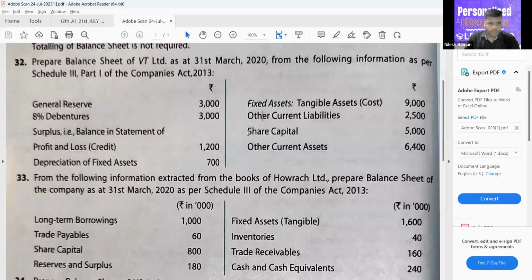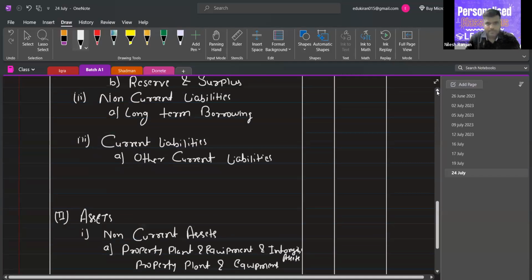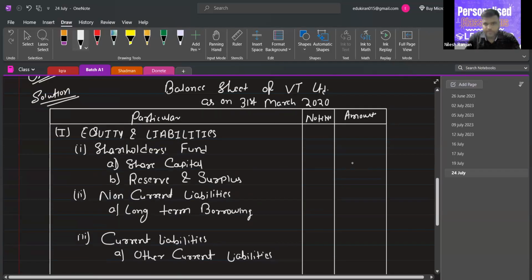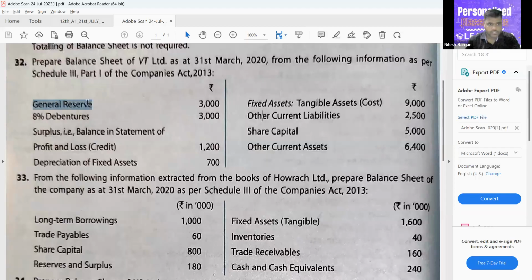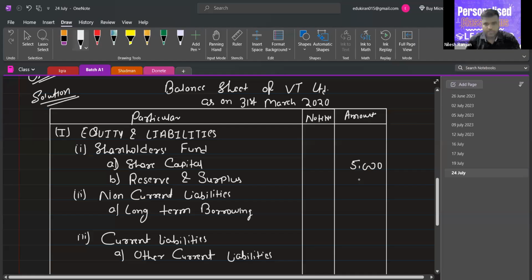Then we will write the amount. Share capital is 5,000. We generally give note number 1, but there are no notes to accounts, so we will write this. Under reserve and surplus, there are two items, 3,000 and 1,200, so it is 4,200.